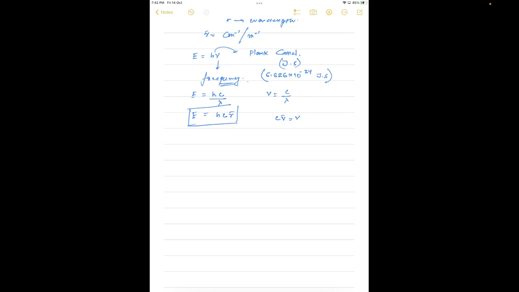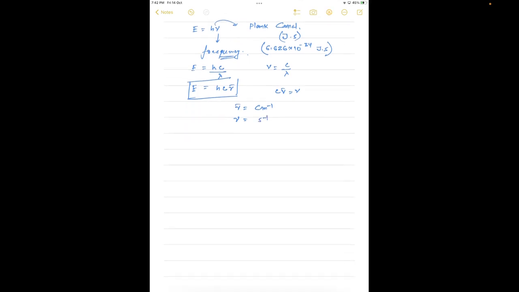Let's say nu bar has the unit of centimeter inverse, and we know the unit of frequency is second inverse, right? So if you multiply nu bar with the speed of light, the unit of speed of light is centimeters per second times the unit of nu bar, centimeter inverse, so it will cancel, and the unit of frequency will be second inverse.